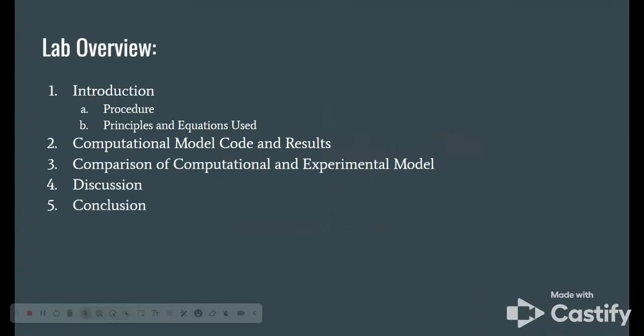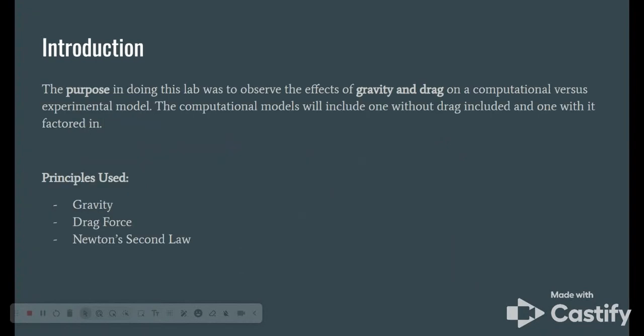So, the overview of the lab, I'm going to introduce you to the lab. I'm going to show you the procedure for doing the lab, as well as the physics principles and equations used, and then the computational model code and results, and then comparing the computational and experimental model, and then a discussion and a conclusion.